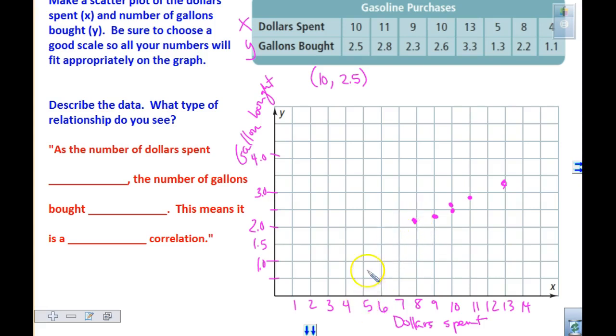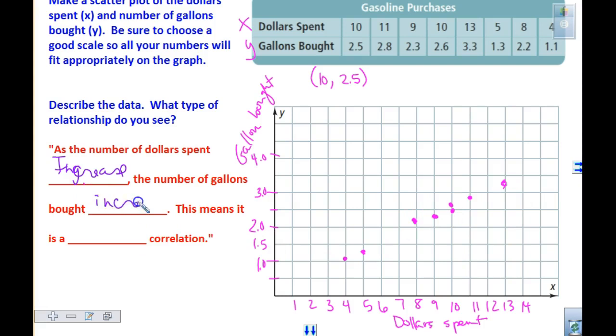5 was at 1.3, right? And 4 was at 1.1. So as the dollars spent increases, we would be looking at the number of gallons bought also what?